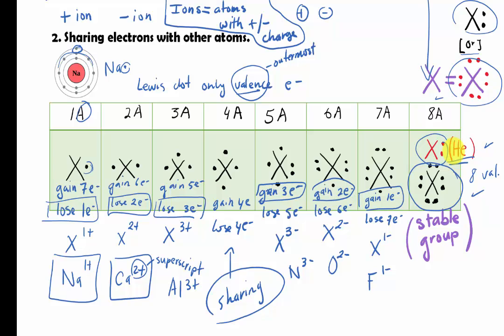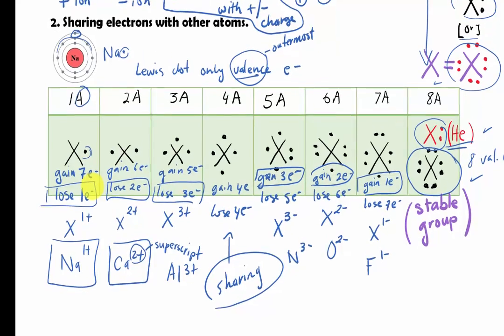So let's look at the whole thing together. We notice that the main groups have a specific pattern to their charges based on their choice of becoming stable. But one thing you also want to look at is how easily they become stable. For instance, group 1A only needs to lose 1 electron, so they're extremely unstable.